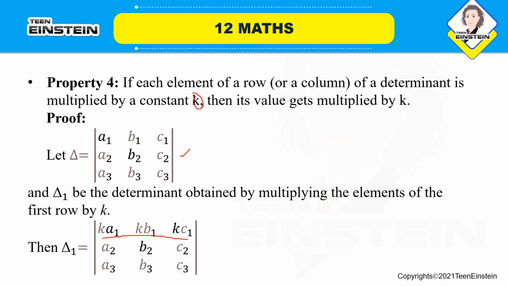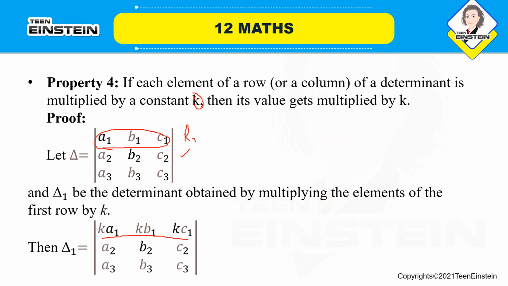So what I have done is, I have multiplied the first row of delta. What is the first row of delta? A1, B1, C1. Each element of the first row of delta is multiplied by a non-zero constant k.